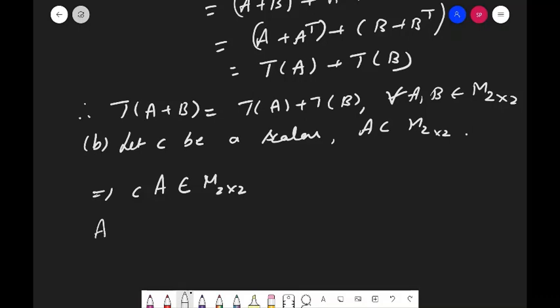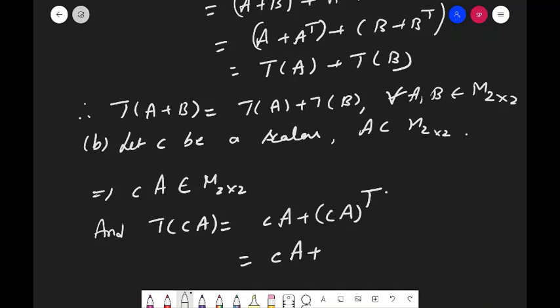And what is T of CA by definition? It is CA plus CA transpose. Now this transpose is only for the matrix, not for any scalar.